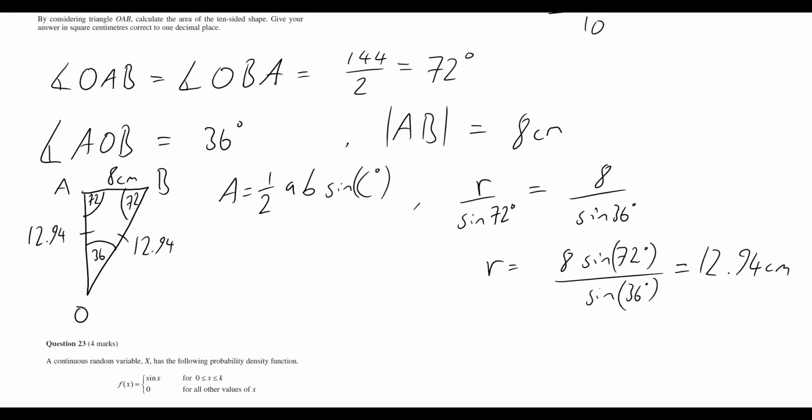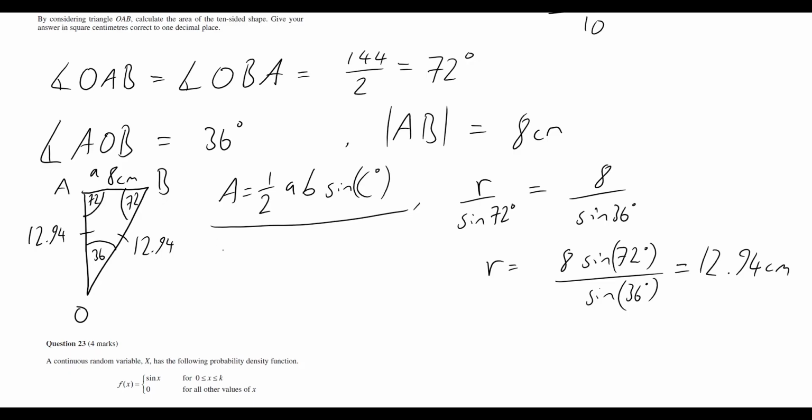Okay, so now we know every single side length and every single angle on this triangle. So what we can do now is figure out the size of this triangle in terms of its area. So again, by using this formula here. So now we might want to say that maybe A is going to be the side length AB, and maybe B will just be one of the other side lengths. They're both the same, so it doesn't really matter here.